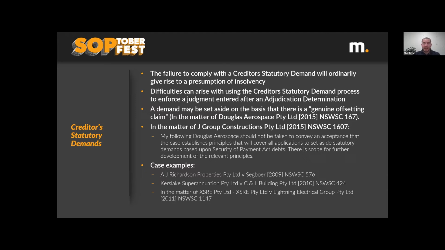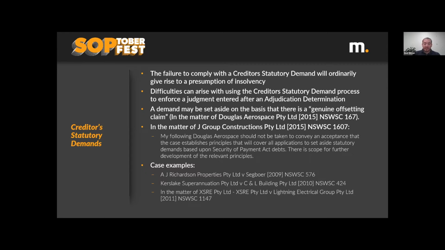And the claimant, in response to that, subsequently served a creditor's statutory demand, I think a couple of weeks after the statement of claim had been served. So at the time of the issuing of the statutory demand, the claimant was aware that the respondent was suing it for $10 million because it had said that that's how much it had overpaid the claimant. And notwithstanding that, it put on a stat demand.